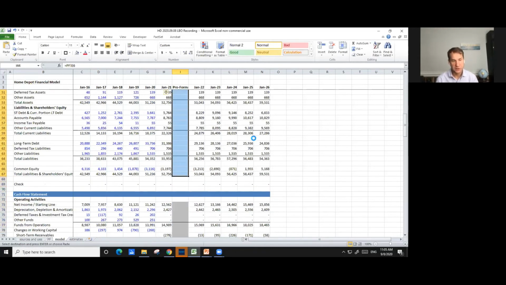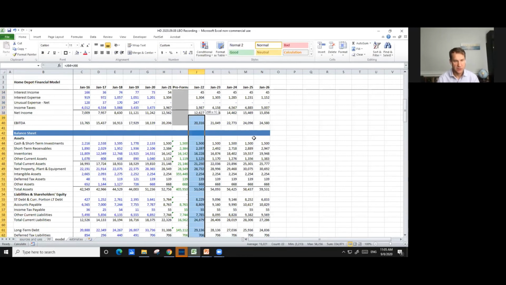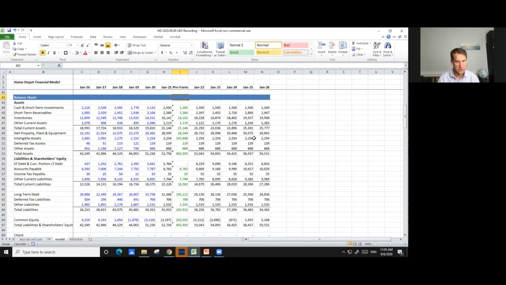I formatted it such that the lines are the same on pro forma as it is in the model. Let me just remove some extra values here. So we've pasted that. There's still a lot of work to be done to incorporate the balance sheet into the model, because right now we just inserted it, it's not driving anything.